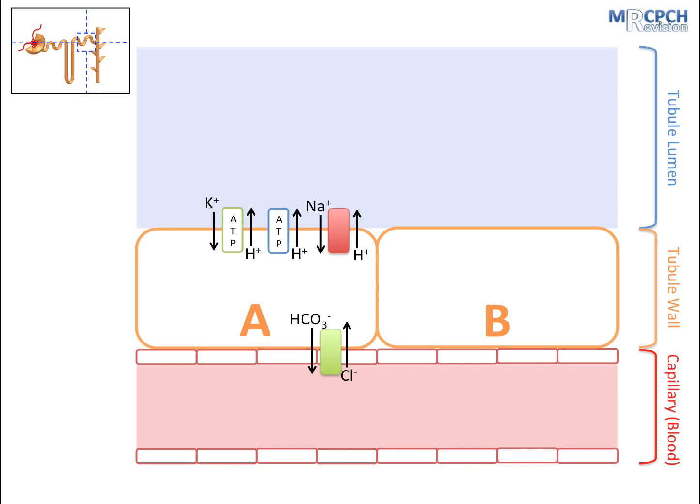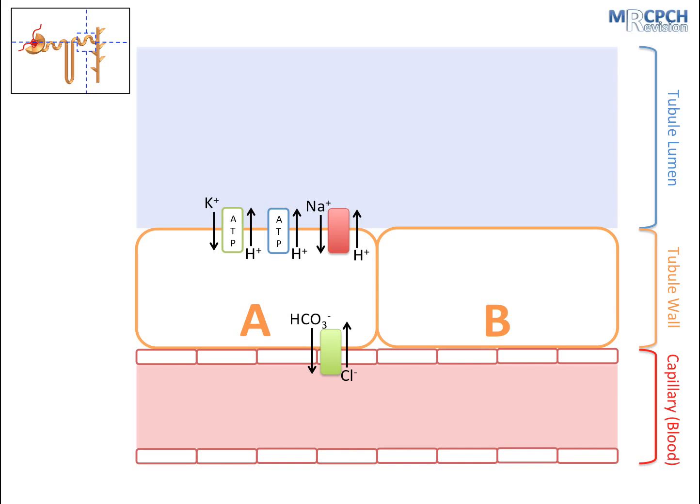And just like in the proximal convoluted tubule, the bicarbonate is exchanged for chloride and reabsorbed. So type A intercalated cells are active when we're in a state of acidemia in the blood and want to be rid of excess protons and retain bicarbonate.